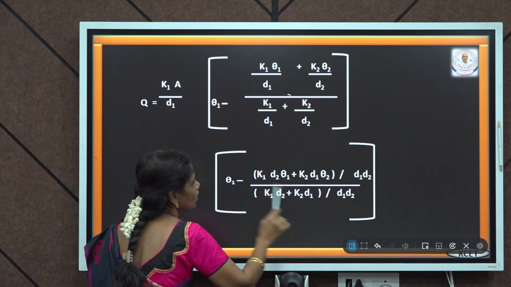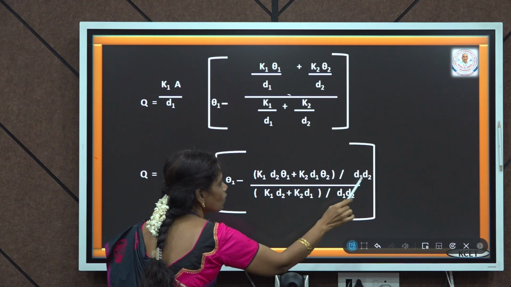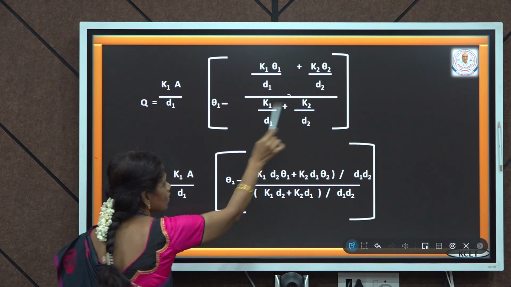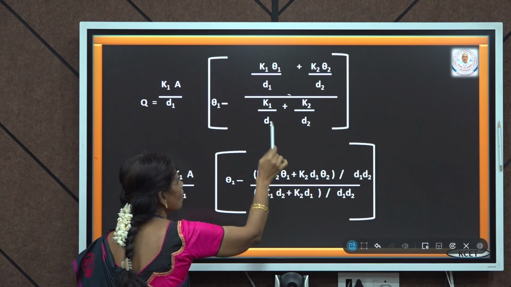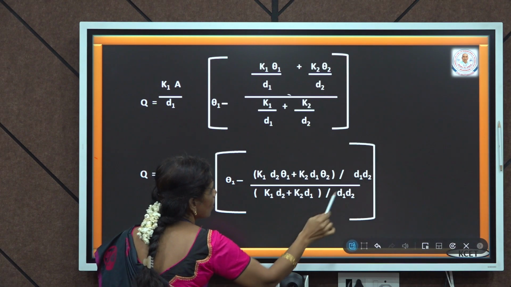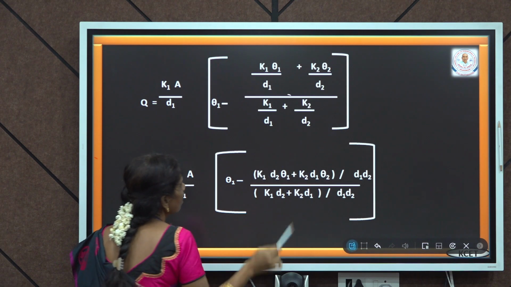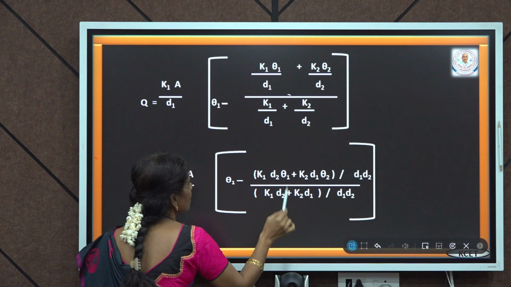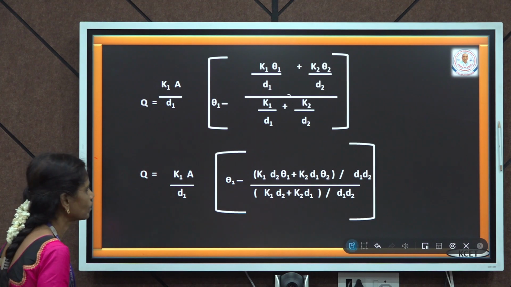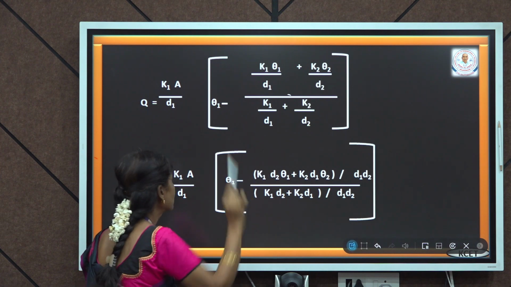So, in the numerator part it becomes K1 D2 theta 1 plus K2 D1 theta 2 by D1 D2. And also for the denominator we have to take the common denominator. So, D1 D2 is the common denominator and the numerator will become K1 D2 plus K2 D1, cross multiplying these. So, we get K1 D2 plus K2 D1 divided by D1 into D2.